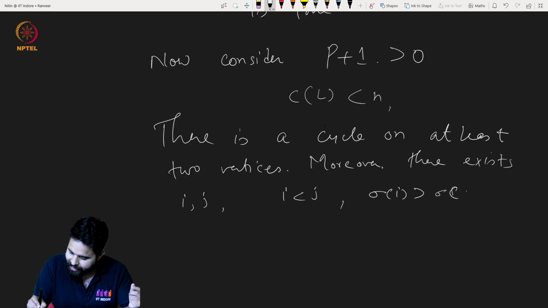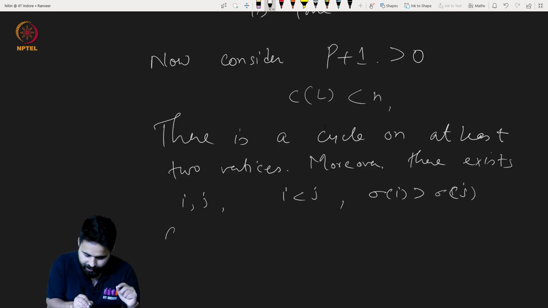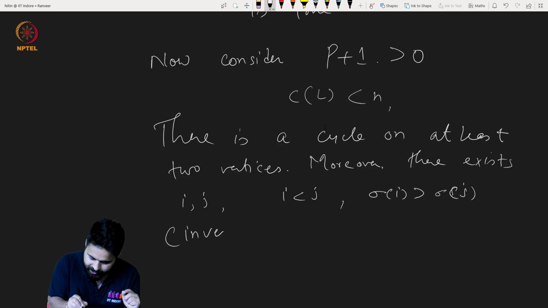That means this is an inversion pair. Let us understand this with an example. Inversion pair.